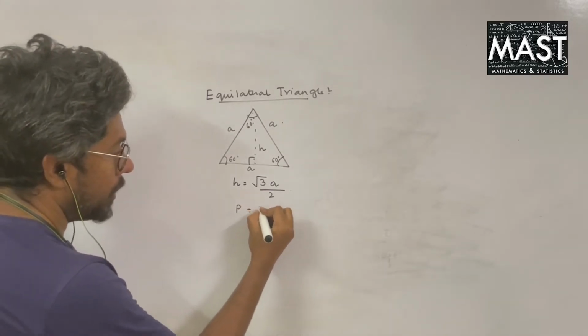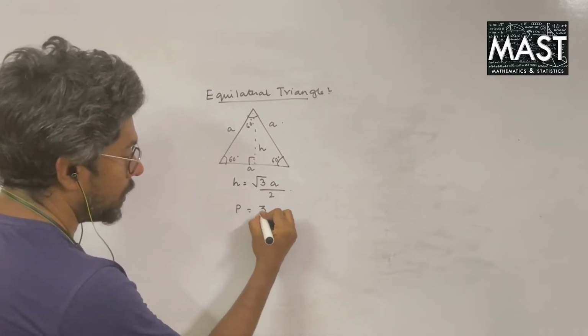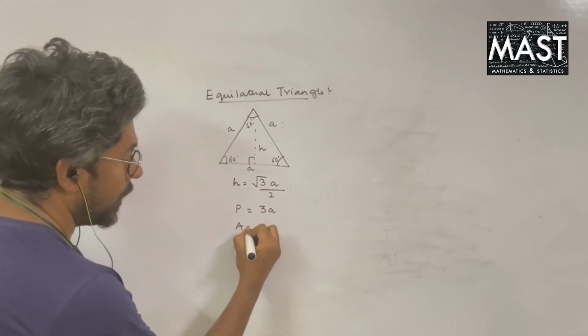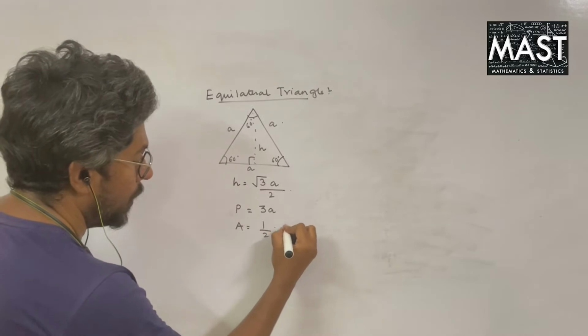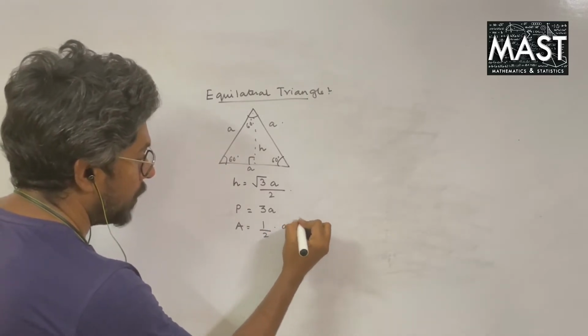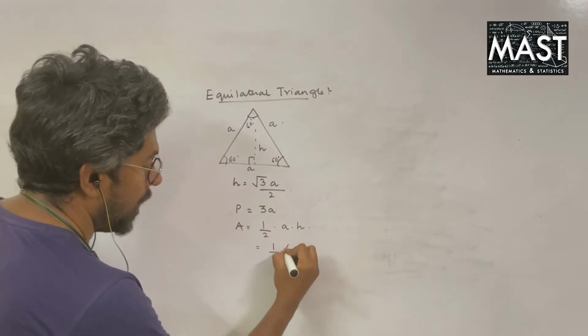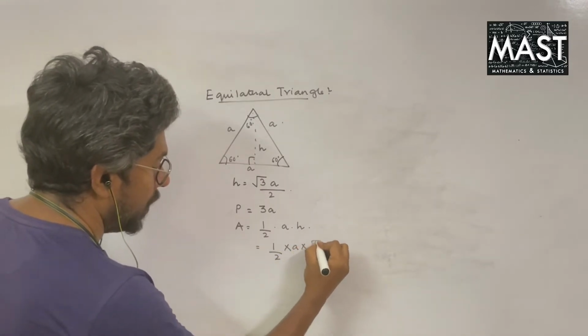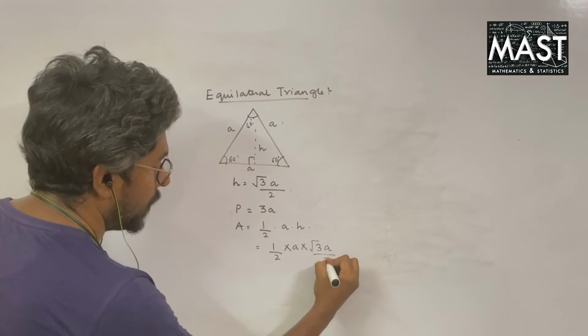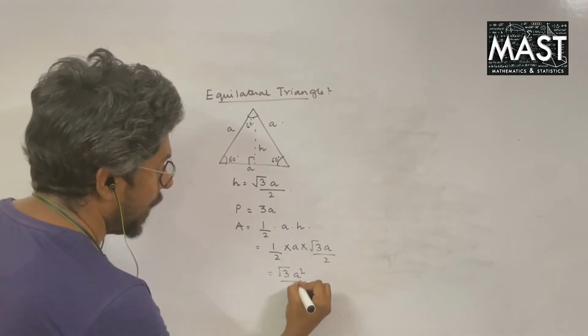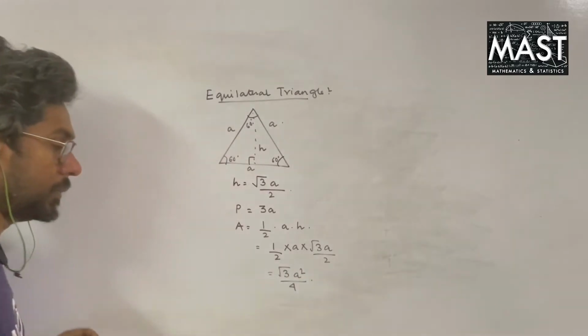The perimeter is the sum of the sides, which is 3a, since all the sides are equal. The area is half into base into perpendicular, which is h. From there we get half into a into root 3 a by 2, which is root 3 a square by 4.